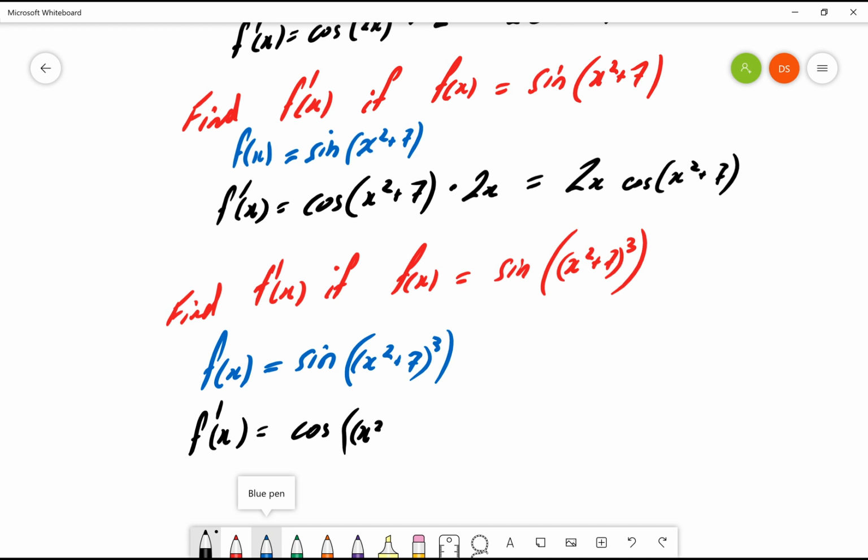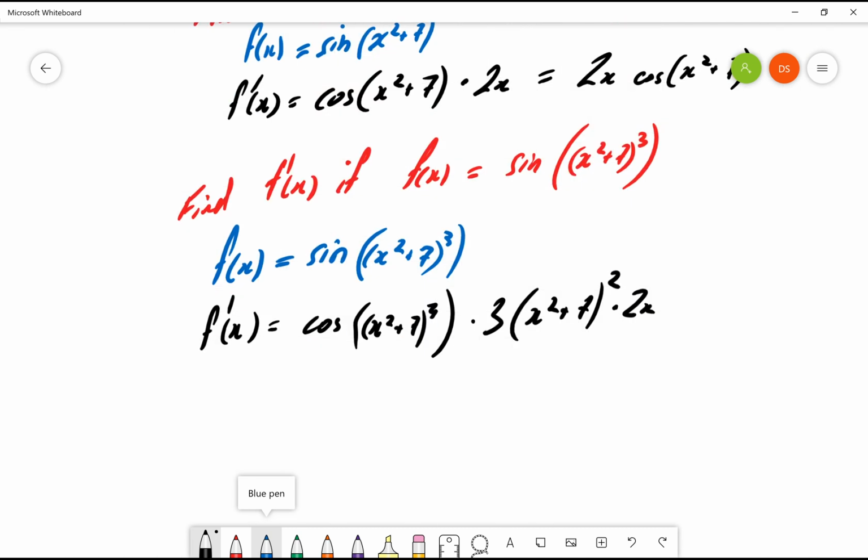This function for us is cosine, and then you multiply by the derivative, which now we are almost fluent in writing. And this I wouldn't rewrite in any other way because it looks kind of linear. 3 times x squared plus 7 squared times 2x, times cos of x squared plus 7 cubed. Right? Boom, done. These three functions that I've asked you to differentiate are really nice in this kind of way.